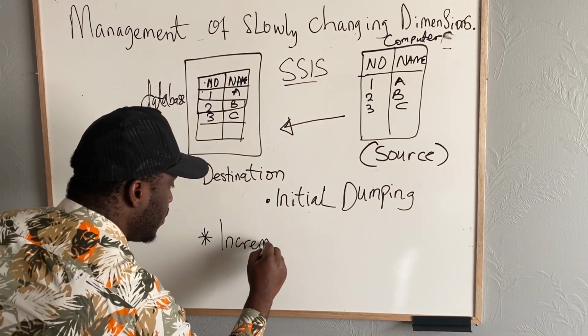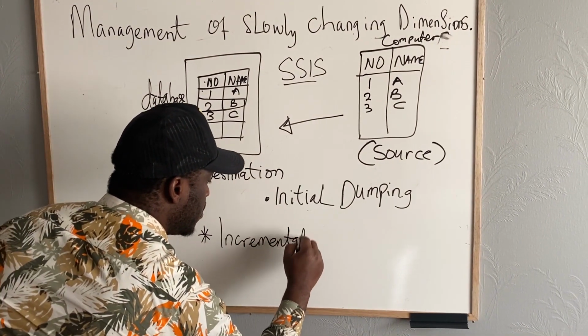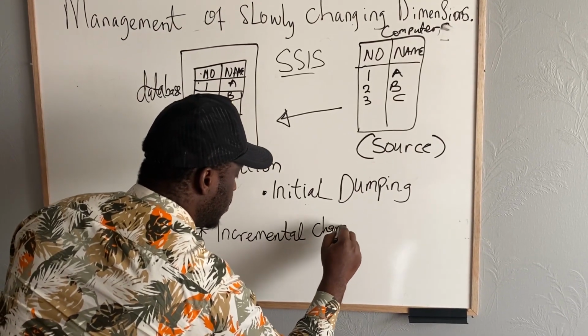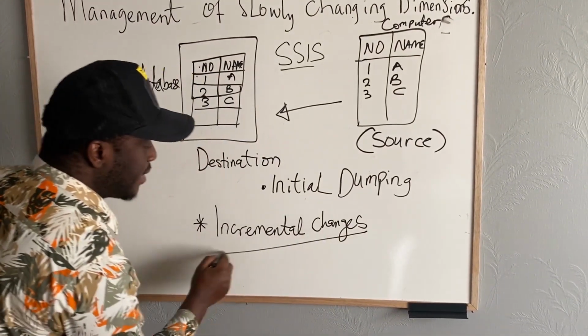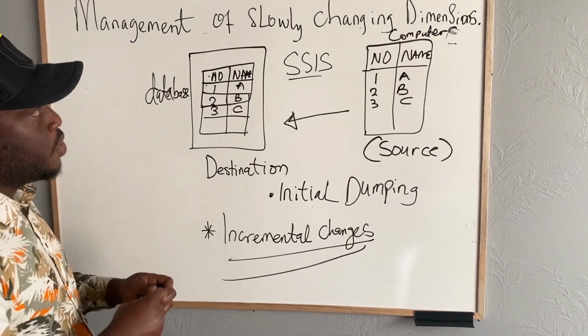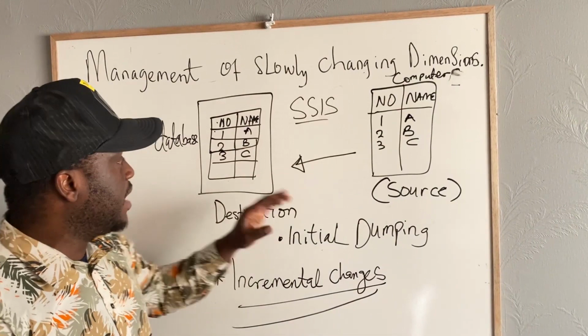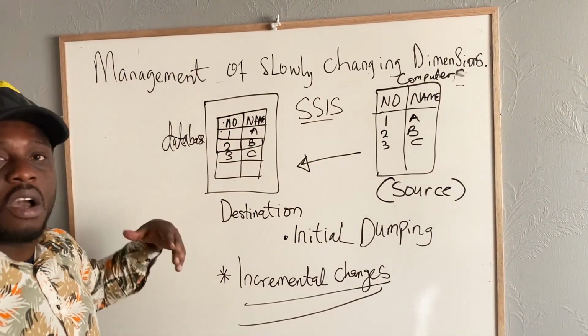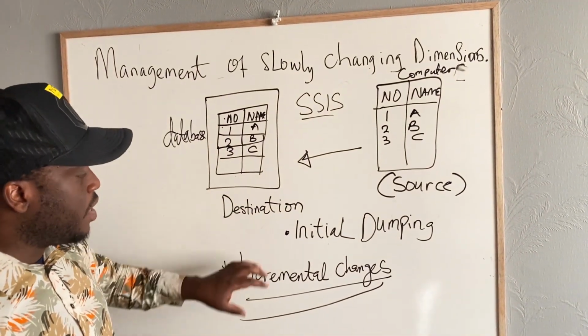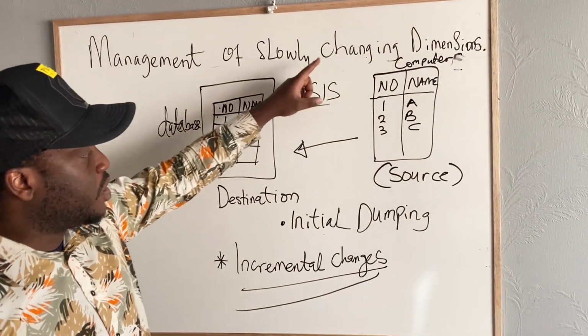So whatever you do after you have done your initial dumping is under what we call incremental changes. And these incremental changes is what we're going to use to capture slowly changing dimension, because this dimension is not going to be fixed. It's going to be changing, right? So we need to capture this slowly changing dimension.